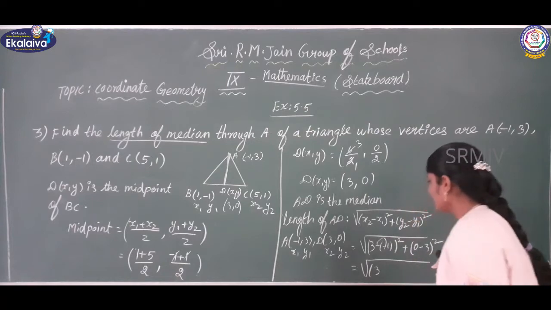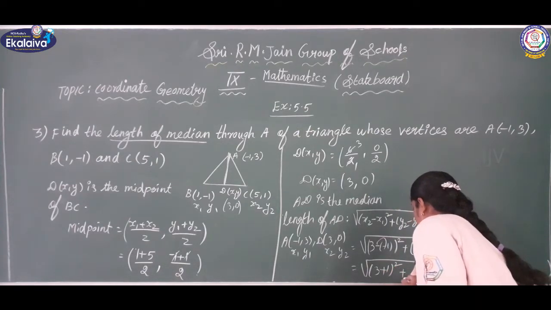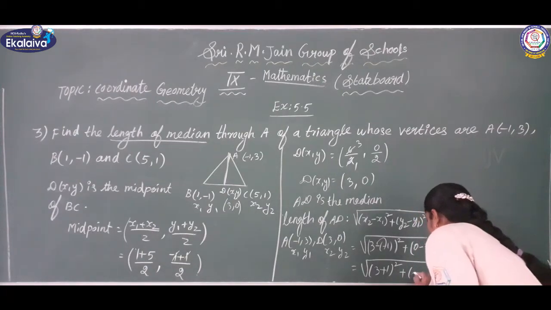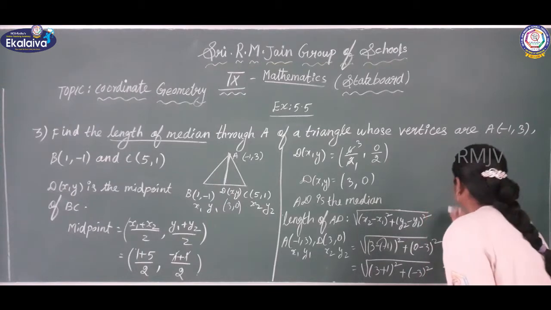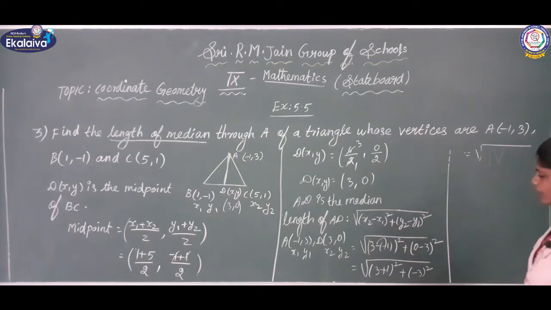3 minus into minus plus. So plus 1 the whole square plus 0 minus 3, what you will get children? Minus 3. Minus 3 the whole square. 3 plus 1, 4. 4 square plus minus 3 the whole square. 4 square 16 plus minus 3 the whole square, what you will get children?